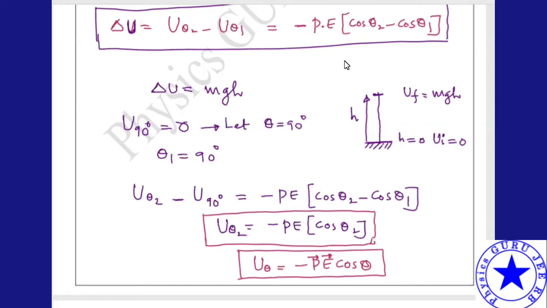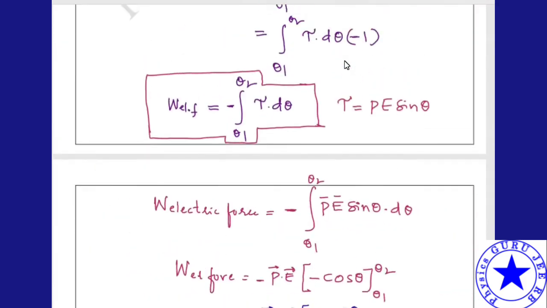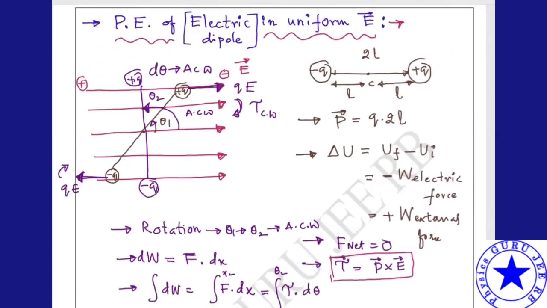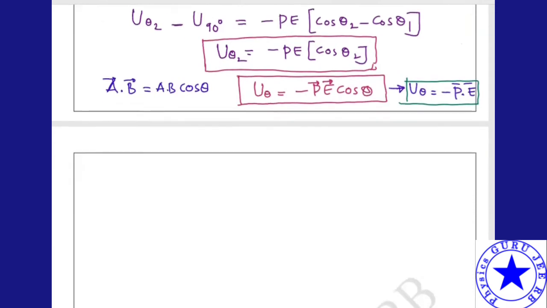If he gives some different angles, we'll calculate. This is the assumption only when theta is 90 degrees. That's all. Just take a screenshot. If you have any doubts till this point, let me know, then we'll proceed from here. We can write PE cos theta also as P dot E because it is a scalar product.